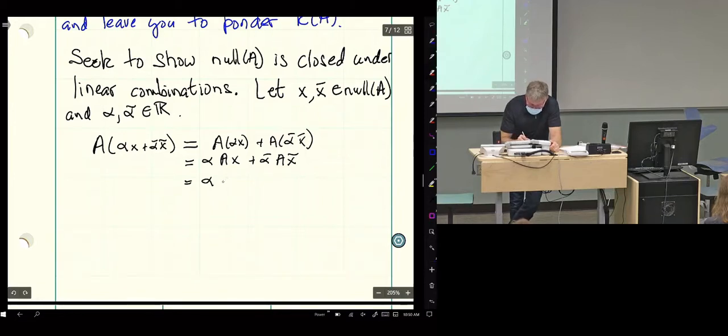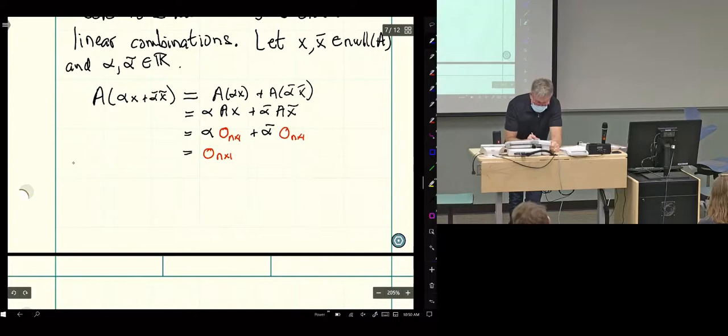This is alpha times the zero vector in Rn, plus alpha bar, once again, times the zero vector in n by 1. And so that's just the zero vector in our n by 1. Okay, I write this and then we're done.